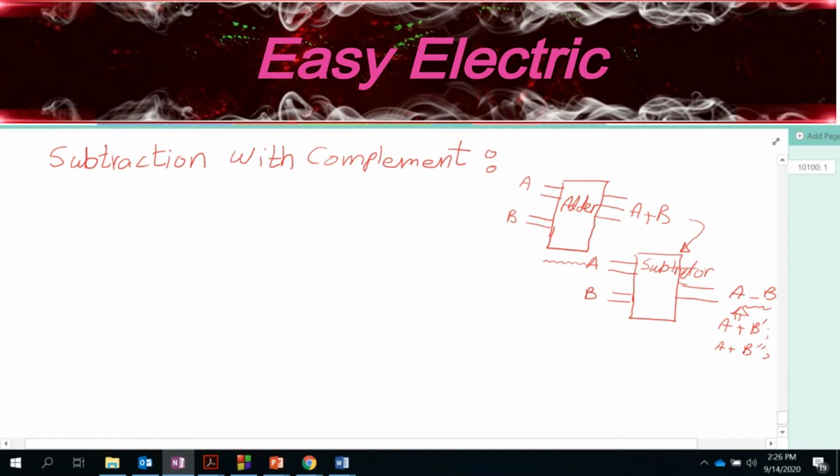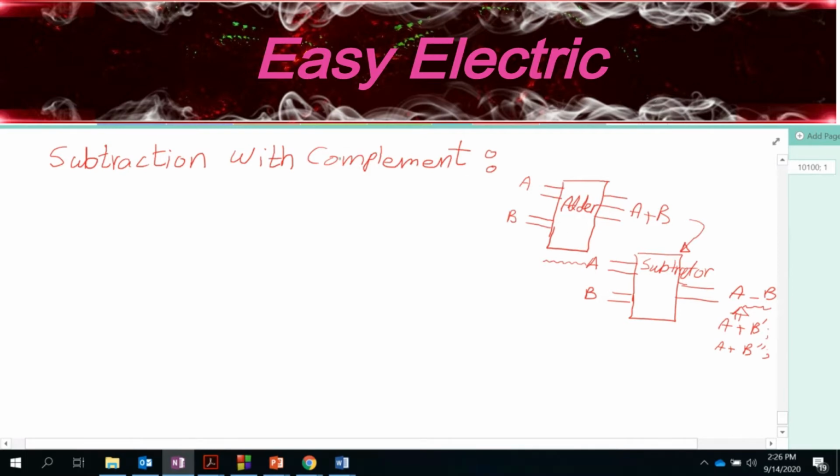Somehow you want to use the complement and just use the adder to make a subtractor. Okay, so this is what we want to do. That means you don't want to design everything again for the subtractor. You just want to have this adder as a hardware.